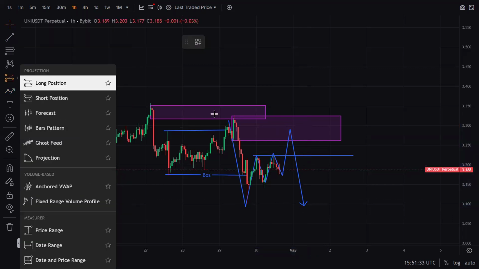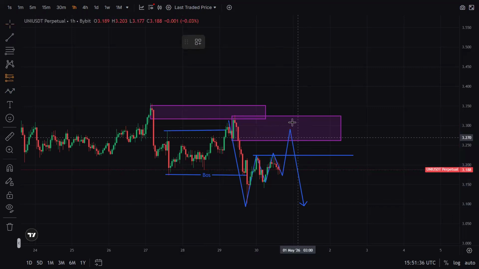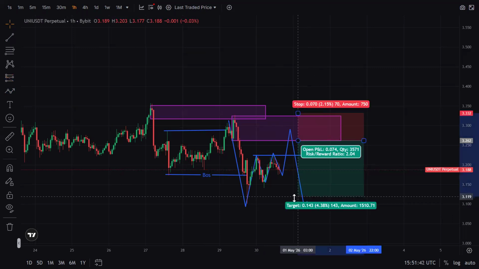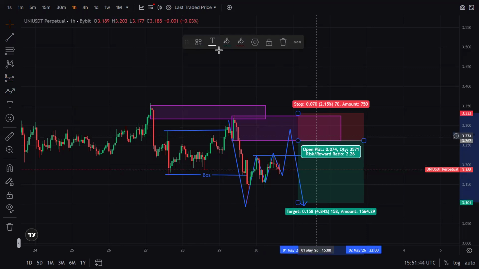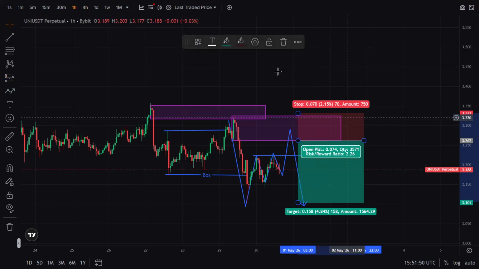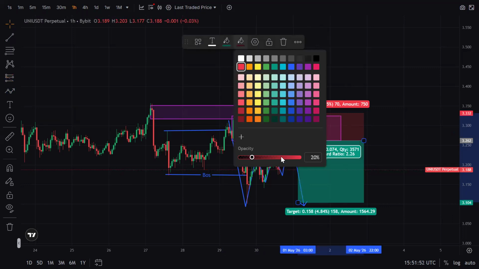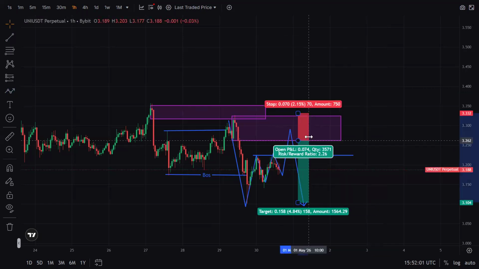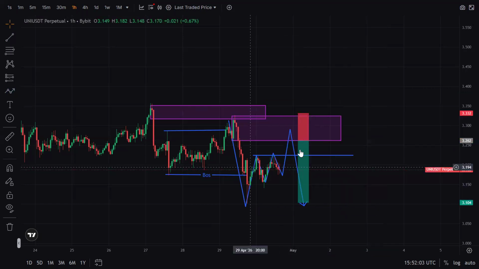So here now, it's going to be a 1 to 2.26 RR. As you are risking $100, you should be getting about, give or take, $126 on this trade if it plays out well as planned.